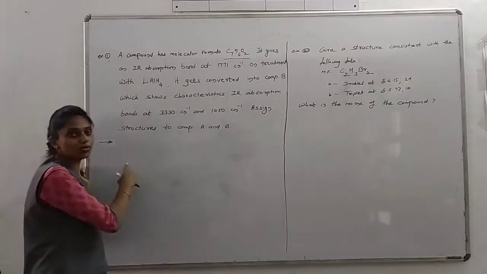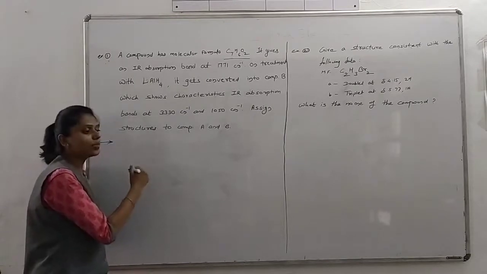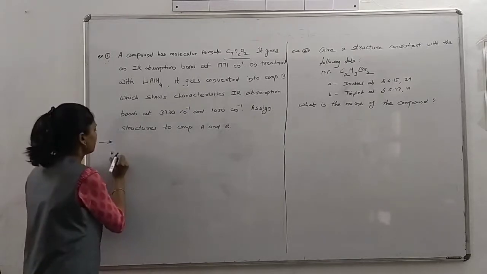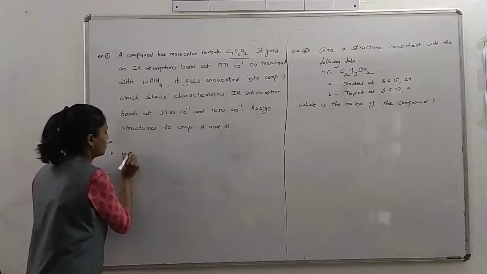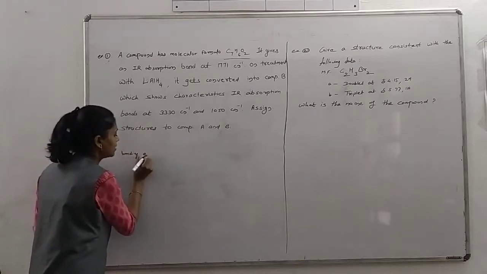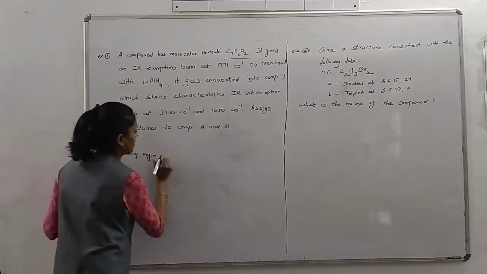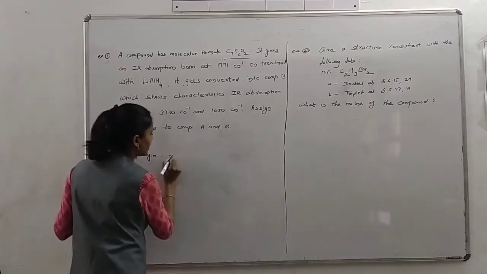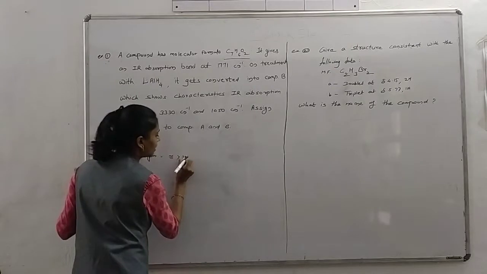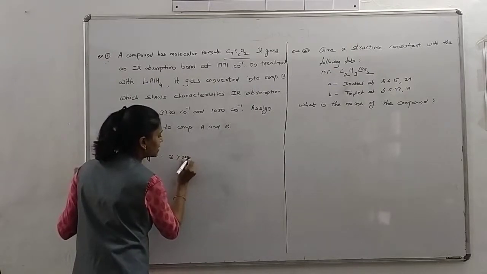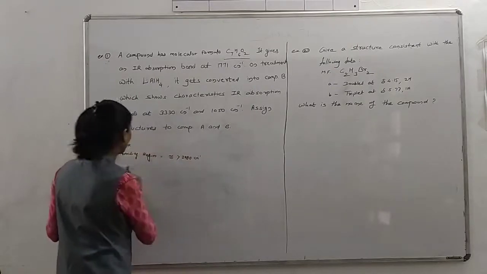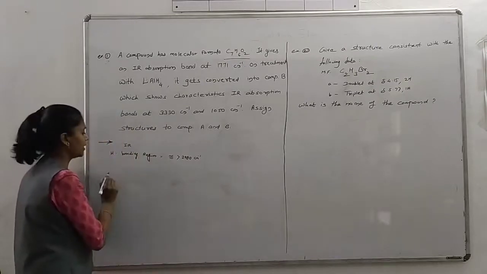First one is the hydrogen bonding region, approximately greater than 2900 per centimeter. This is the hydrogen bonding region.